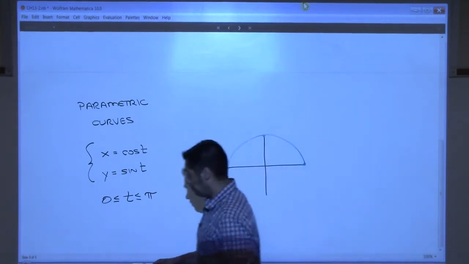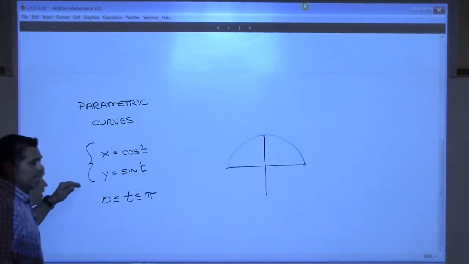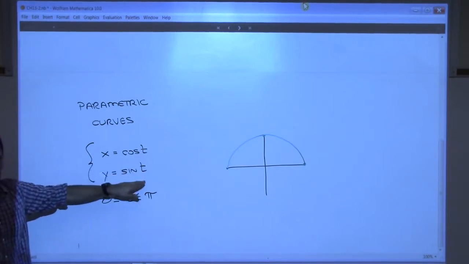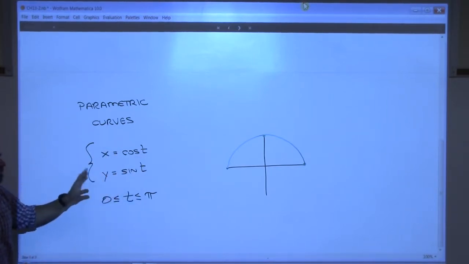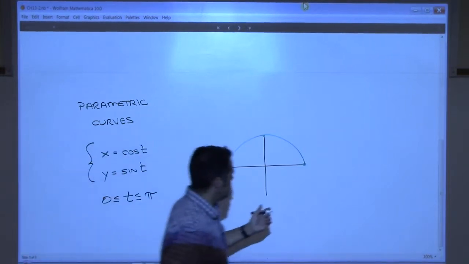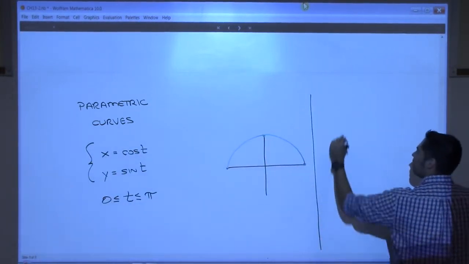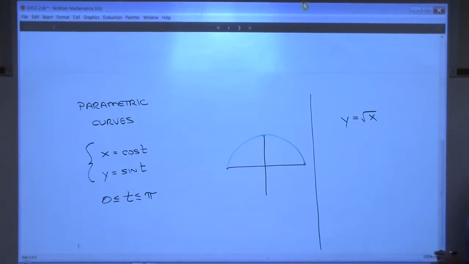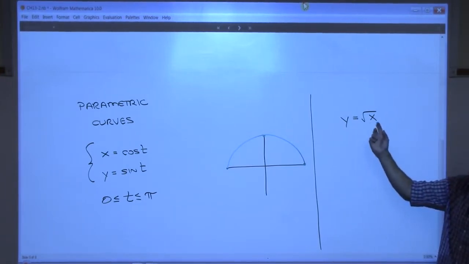A parametric curve is a curve that you draw using the parameter t to draw it. The difference between that and something like y equals square root of x is that this is not a parametric curve, because for this, the relationship is between x and y.